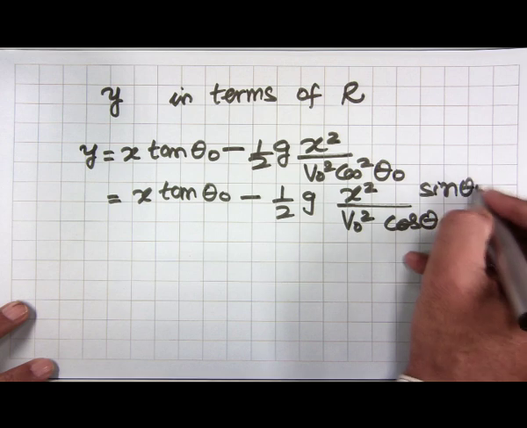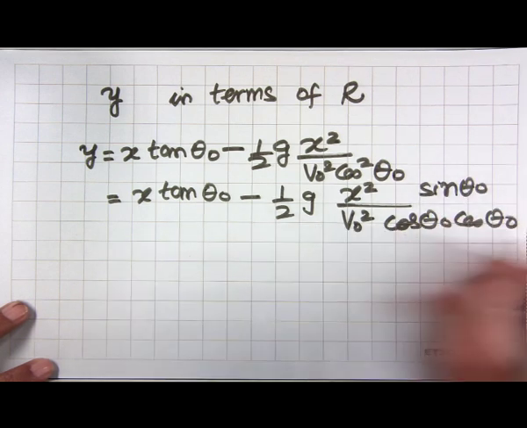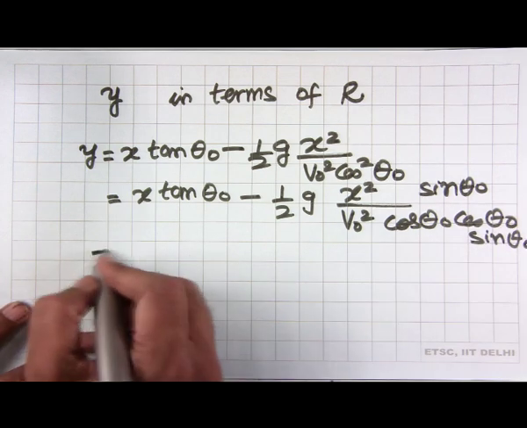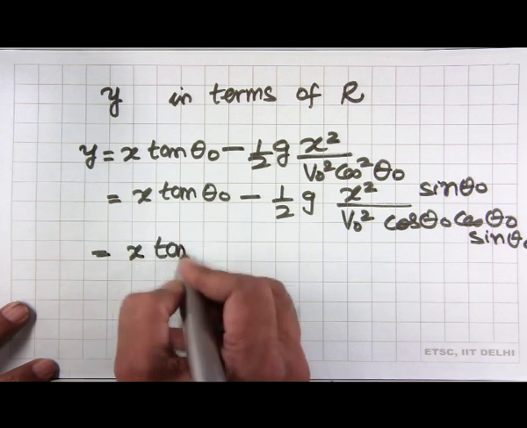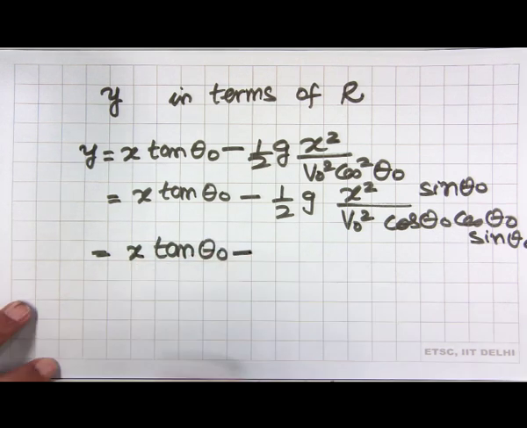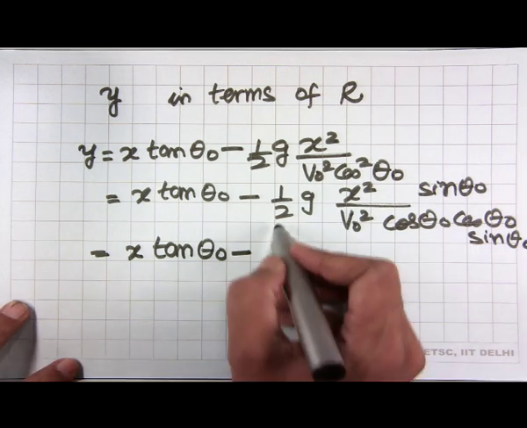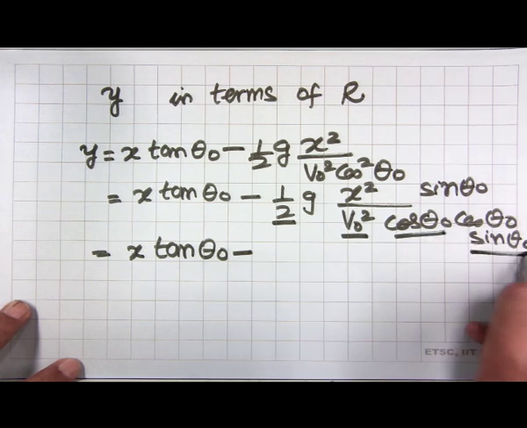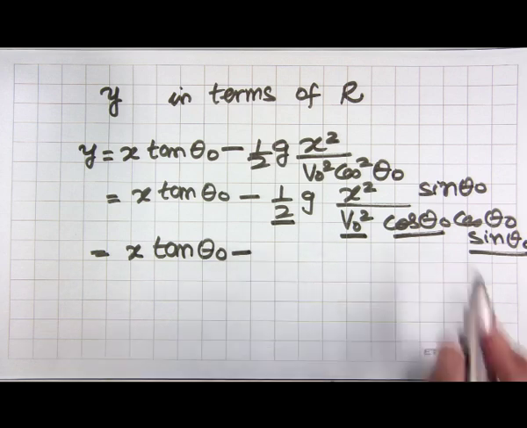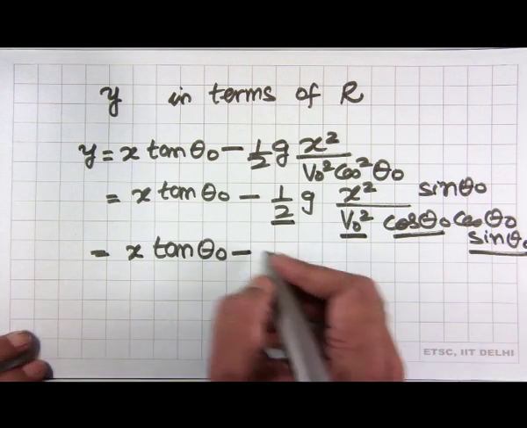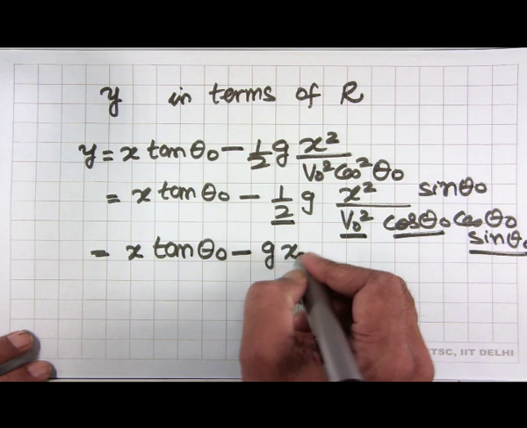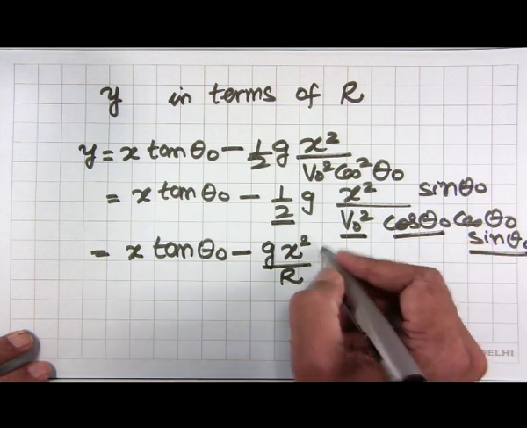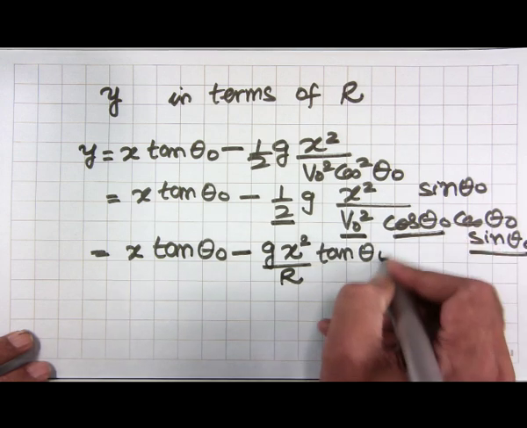We multiply and divide by sin theta 0. So this becomes equal to x times tangent theta 0, and then in the second term there is a 2, there is a v0 square, there is a cos theta 0, there is a sin theta 0. This product becomes equal to range. So therefore we get minus g times x square upon R, and then we have tangent theta 0.